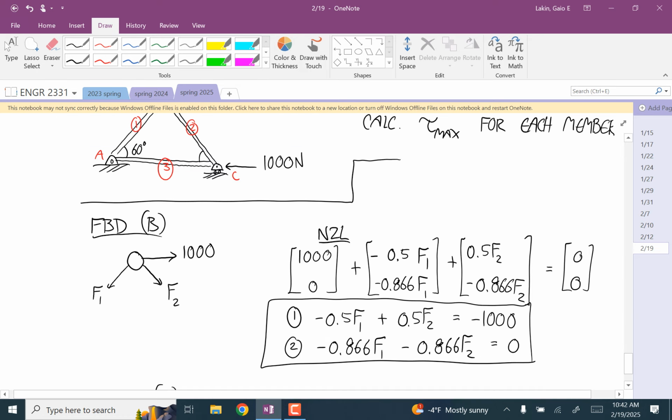And one more thing, we have the ground pushing up on the roller of this joint.